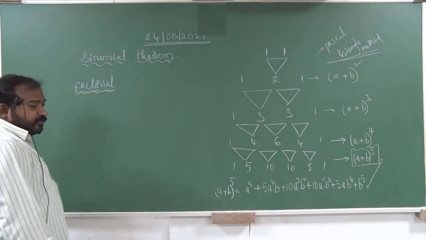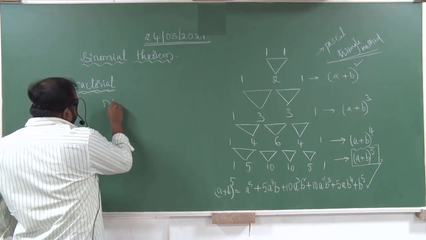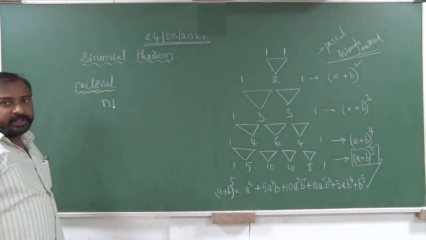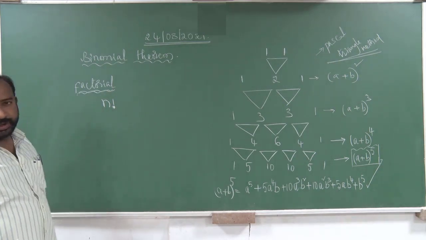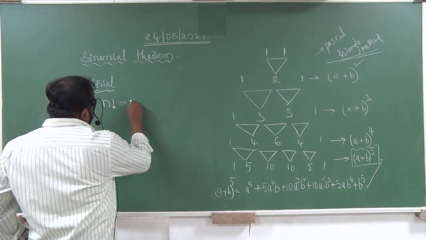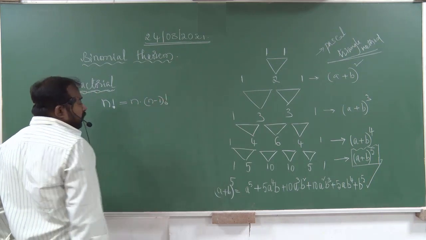What is the meaning of the factorial? Factorial means, if n is a positive integer, or simply n greater than or equal to 0, you may take 0 also included, n factorial is given by n into (n minus 1) factorial.